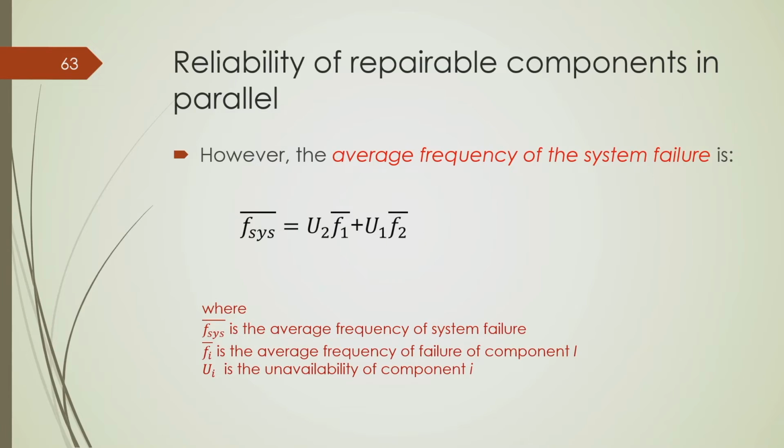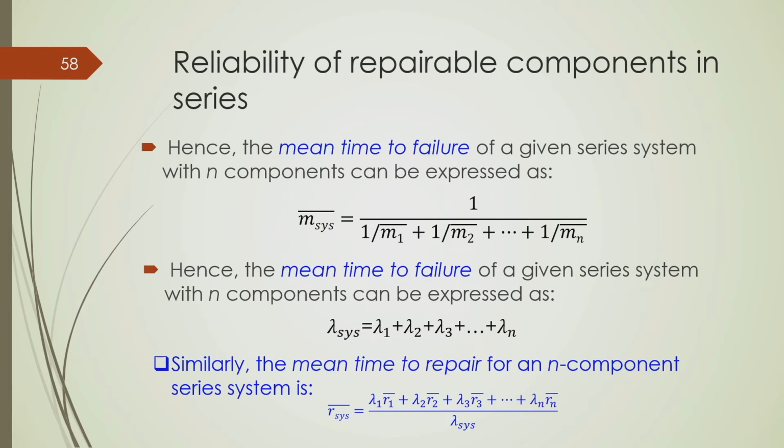So, in order to find out this composite or system failure rate, let me go back and check what expression is applicable for that. If we go back, we see that when we have repairable components connected in series, the overall failure rate of the system is the sum total of the individual failure rates of the components. So, this expression will be applicable to determine the overall failure rate of that feeder.